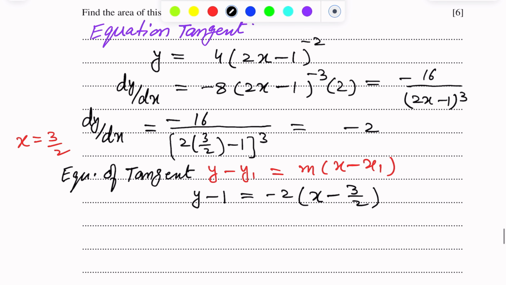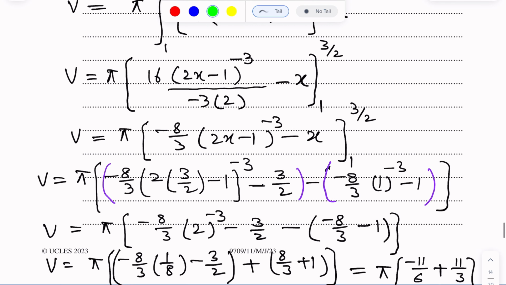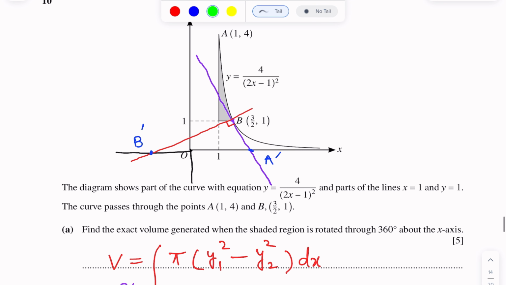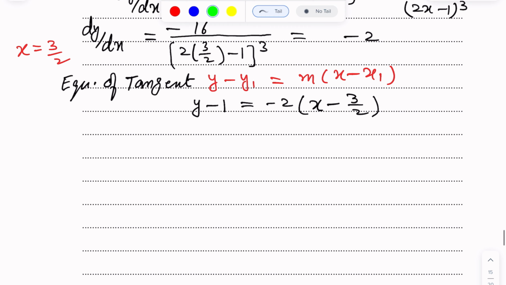Now this is the equation of the tangent. Look at this diagram. This tangent line intersects the x-axis at this point A dash. Since the tangent intersects the x-axis, at A dash the value of y will be 0.